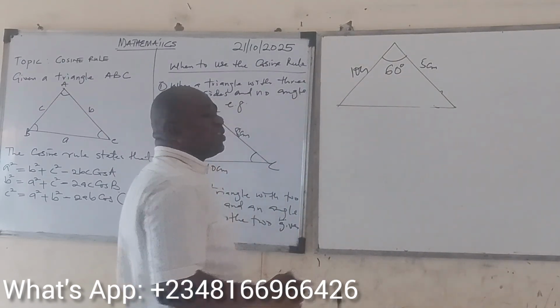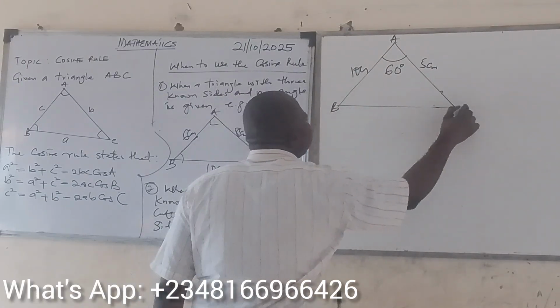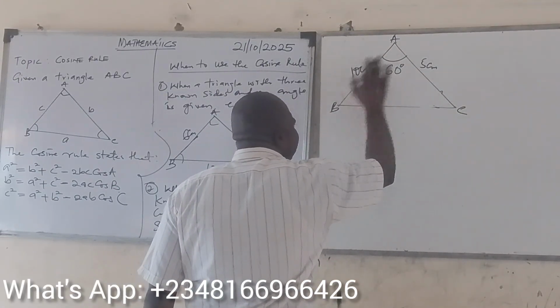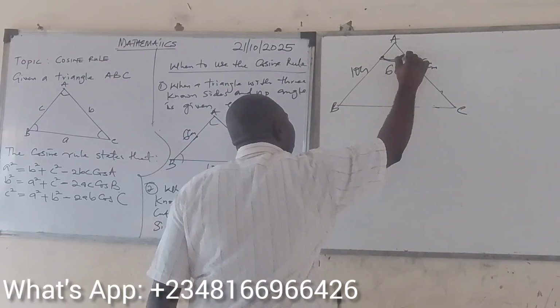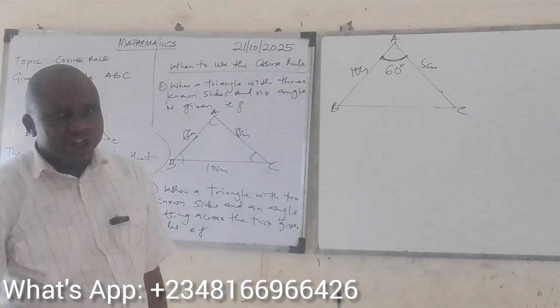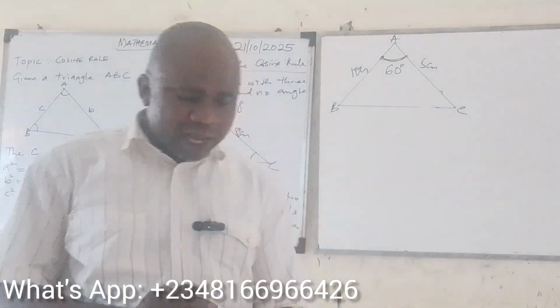Let's say we have 60 degrees there. So here we have A, B, C, those two known sides, and an angle cutting across them. So these are the two cases where you can use the cosine rule.